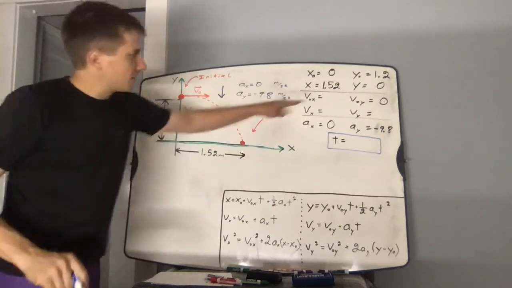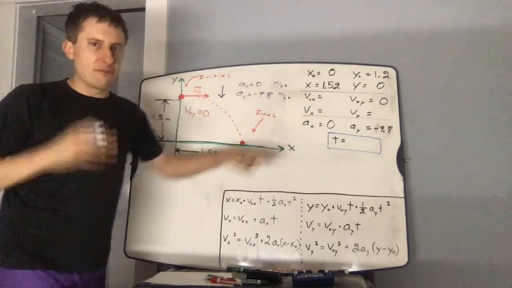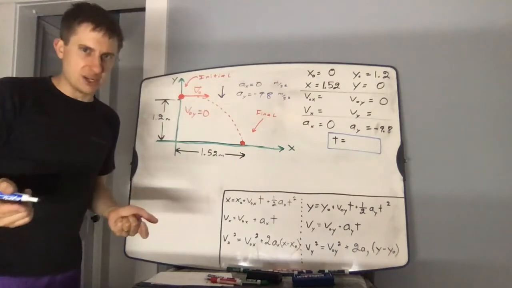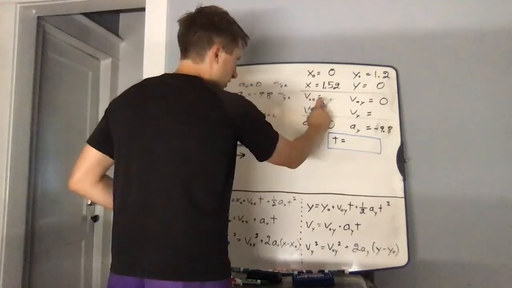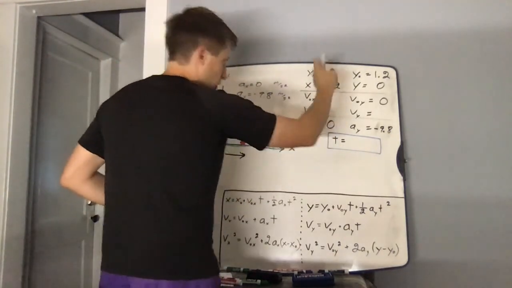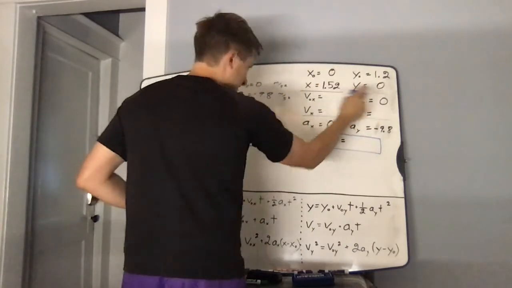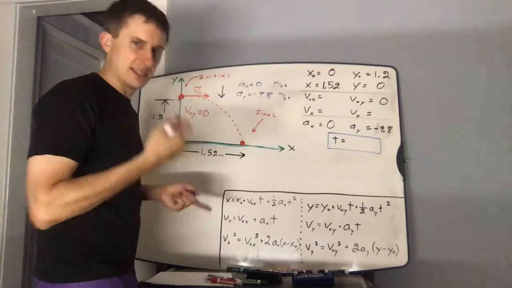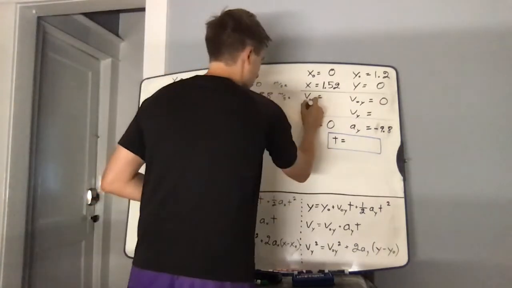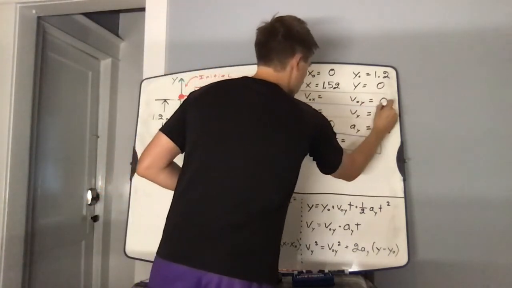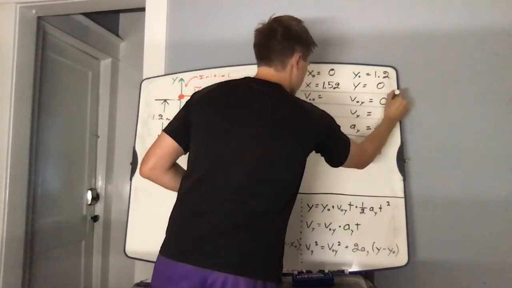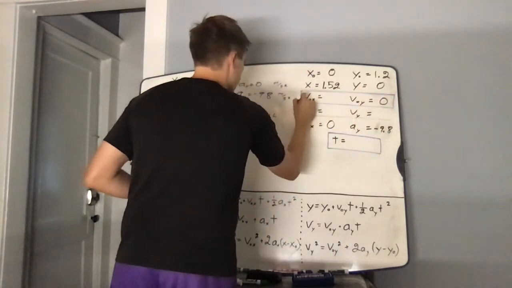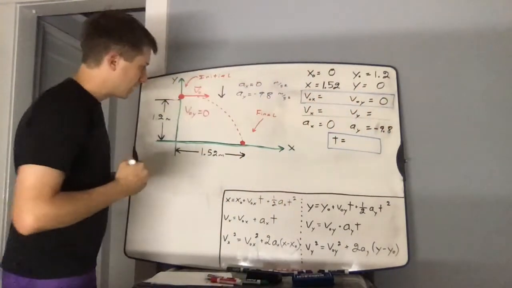So if I find this v naught x, I have all the information about the ball's initial velocity. I give you v naught x and v naught y, and the combination of those two values is the answer to what is the ball's initial velocity. So these are the terms we want to find ultimately for this question.